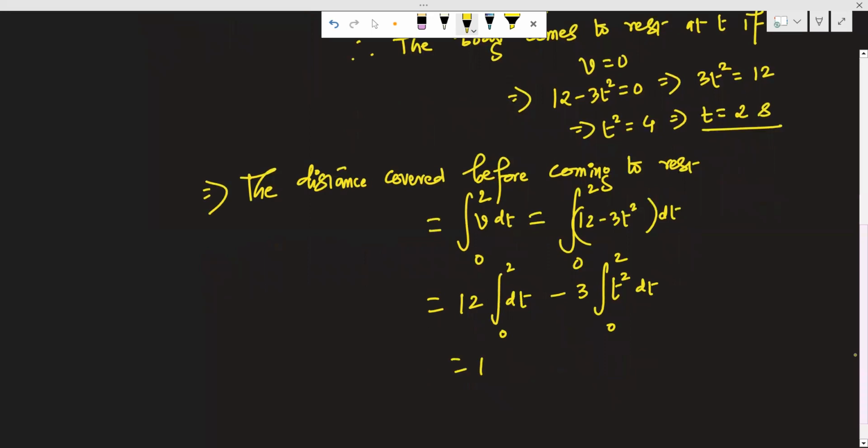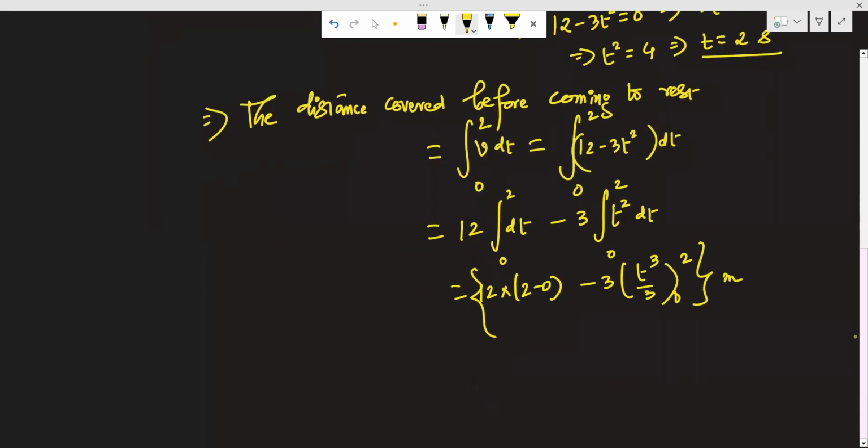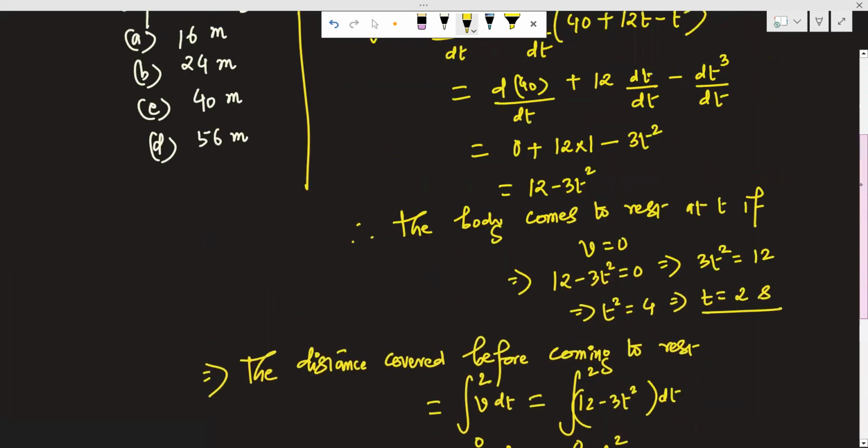That means we will get 12 into the integration of dt is t, 2 minus 0. Integration of t square is t cube by 3, in meter. So what do we get? 12 twos is 24. Okay? Minus, simplify this. So 3 will get cancelled out, and then solve it, you'll get the result.